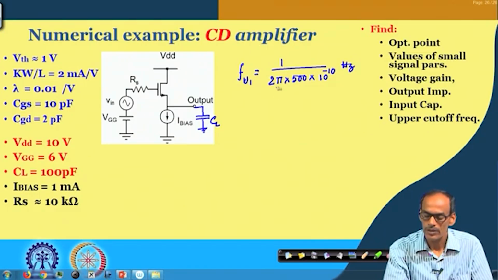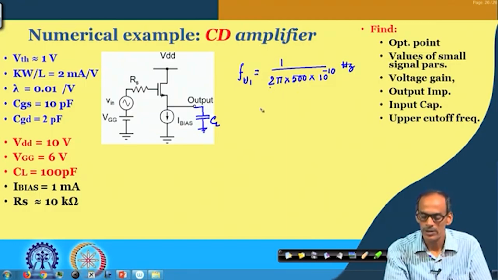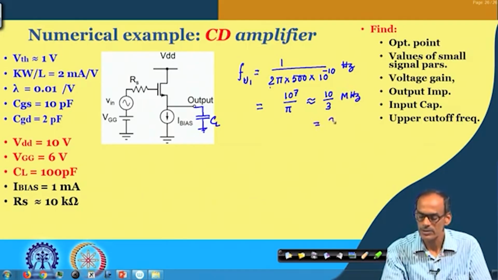So we can multiply this 2 with 500 to get 1000 here. So what we are getting is 10 to the power 7 divided by pi, which is approximately 10 divided by 3 megahertz, or we can say this is close to 3 megahertz.